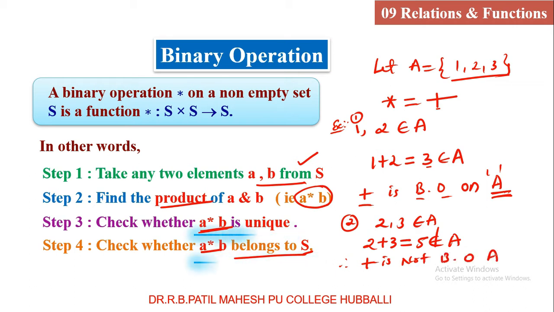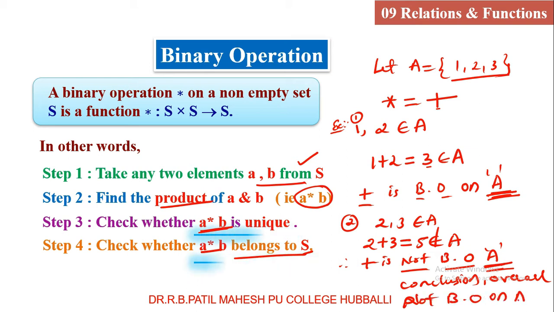You can ask me, sir, here the binary operation is on the set A, the set is A itself. Even here also the set is A only, but it is not a binary operation. So what is the conclusion? The conclusion is overall the operation is not a binary operation on the set A. Why like that, students?